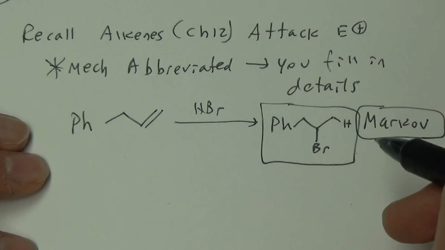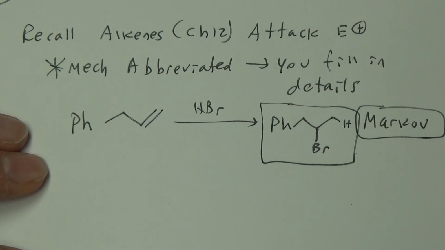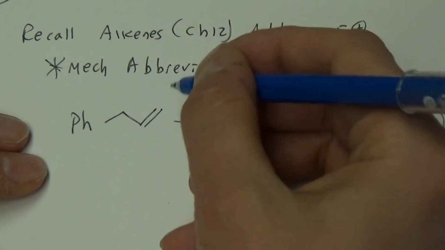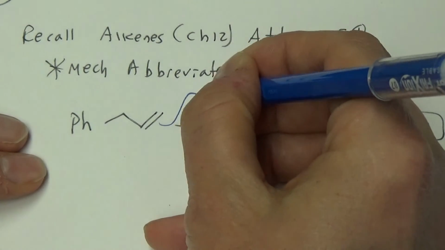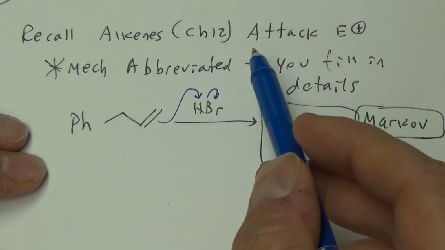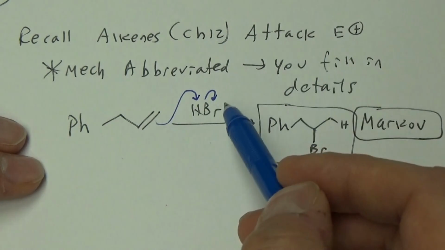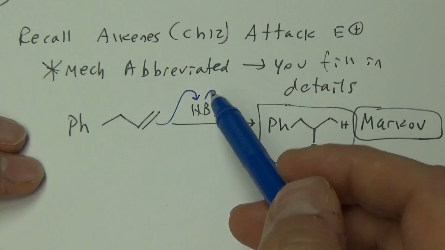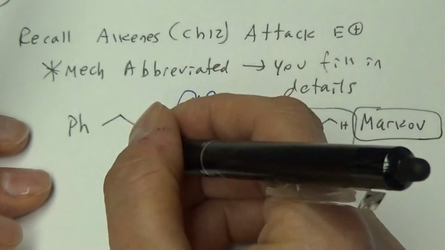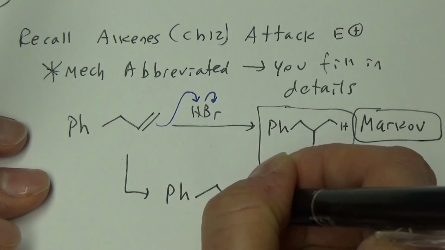Thinking mechanistically, how did this work in a nutshell? I will draw a little bit of the mechanism just for your review, but yeah, the alkene attacks, right? That's what we mean by the alkene attacks an electrophile. Well, the HBr is an electrophile. Alkene attacks it, and then you get a carbocation. Remember this? Remember carbocations?